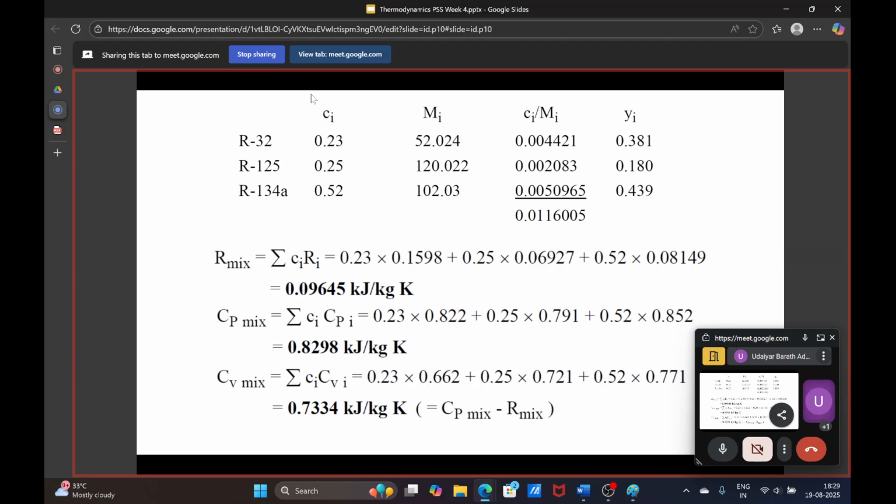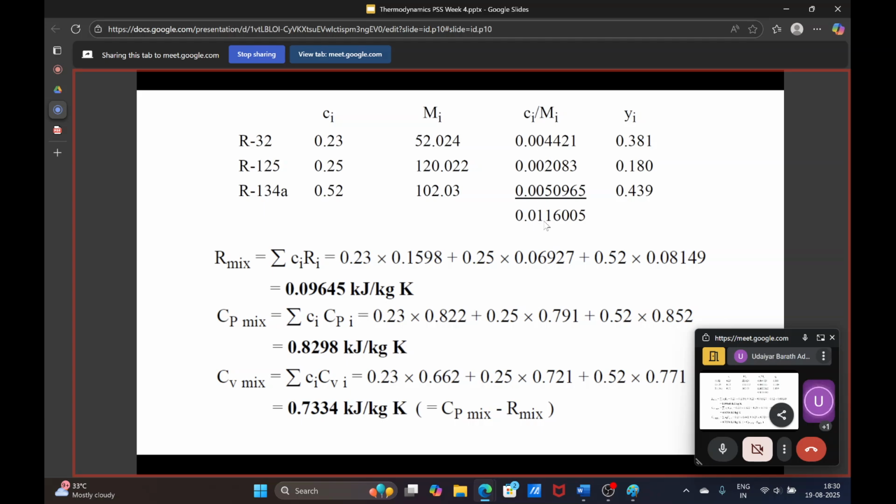If we assume 1 kg of R407 refrigerant, we will have 0.23 kg of R32. That will give you 0.23 divided by 52, which is 0.004421 moles of R32. So Ci by Mi is the moles. Similarly, for R125 you have 0.002083 moles, and 0.52 divided by 102.03 gives 0.005051 moles of R134A.